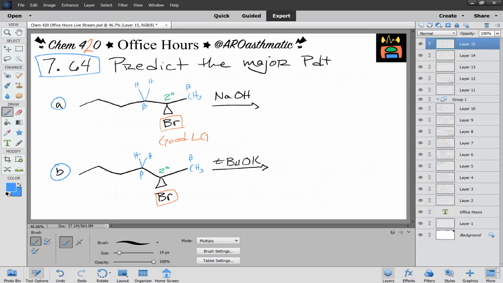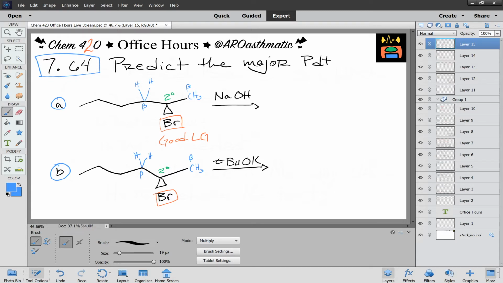So SN2 is on the table, E2 is on the table at this point. We have a good leaving group, beta hydrogens, and a secondary carbon. So how do we pick which is which?